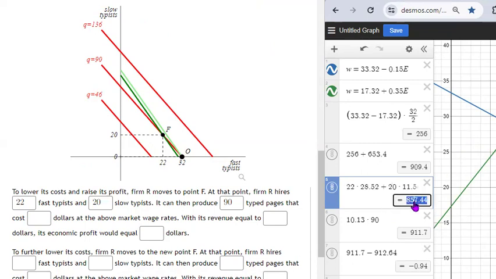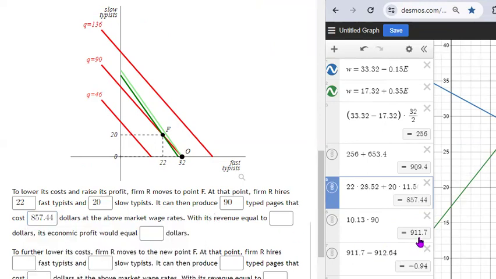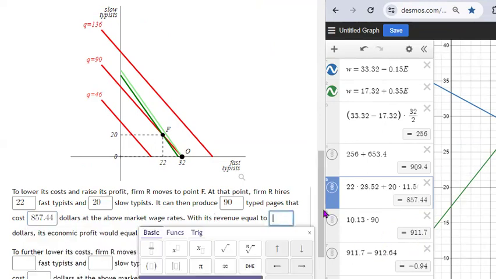So the cost is now what? The cost has been lowered, right, to $857.44. The revenue is still 911.7, right? Because we're still producing 90 boxes at $10.13 per box, right?